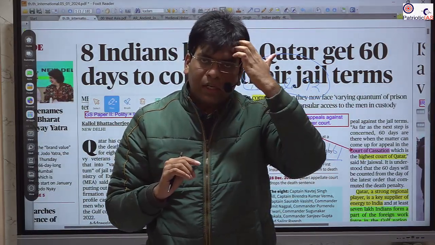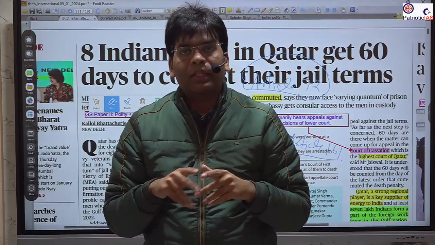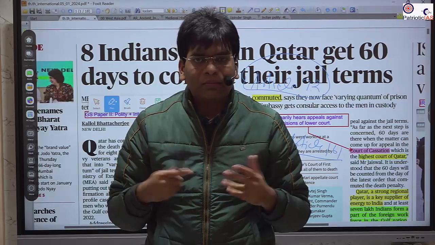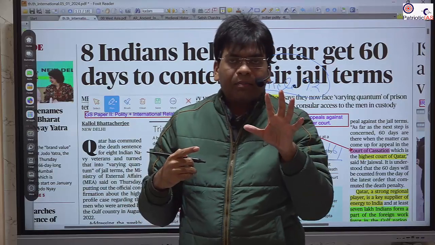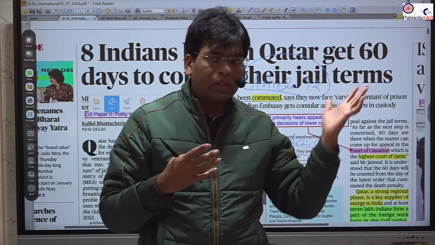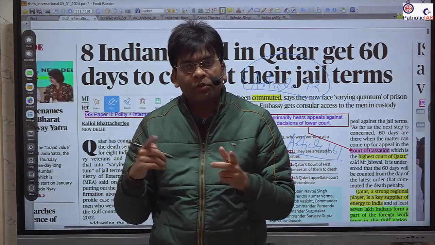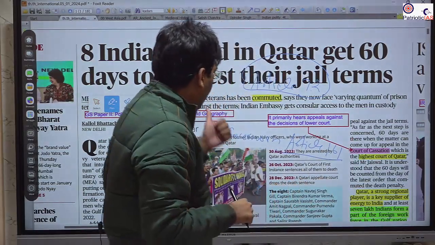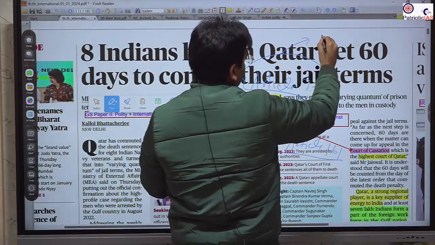For example, if I am convicted for a death sentence, and I am disqualified from contesting elections or some other disqualification is associated with the death sentence, after pardoning I will not be hanged, and I will also get those disqualifications removed, so I can contest further. So first is the pardoning, and the president has this pardoning power.